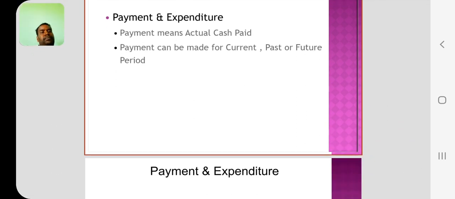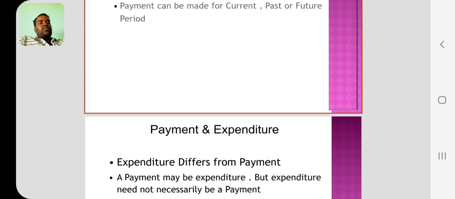Next, the evolution of the joint Hindu family. Joint Hindu family means the business adopted from grandfathers, fathers, uncles, and all will do the business.